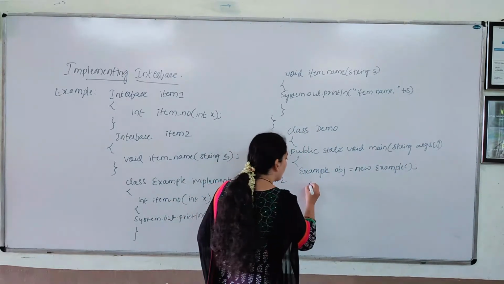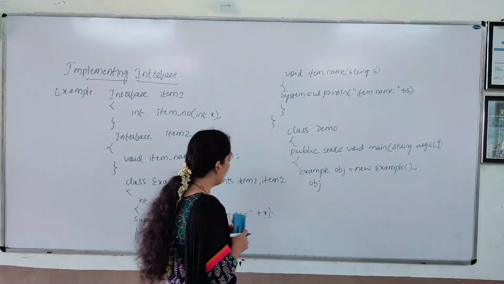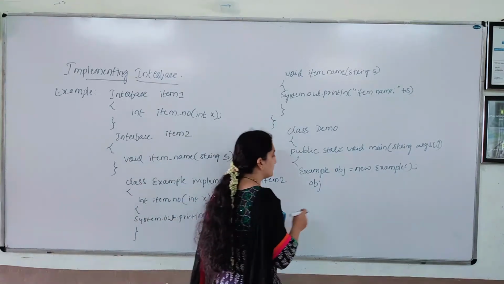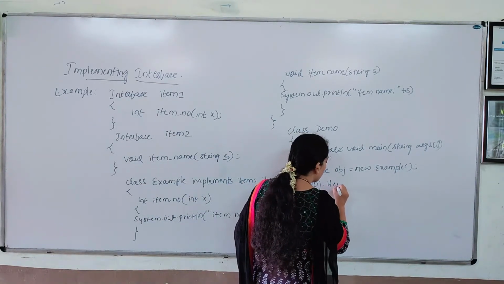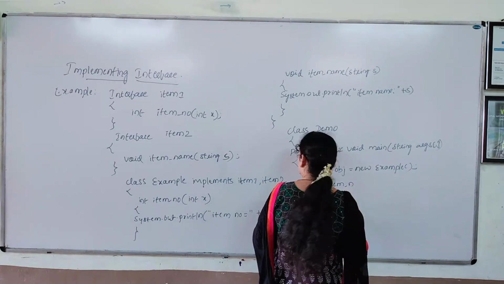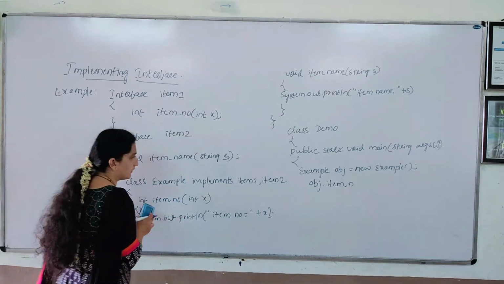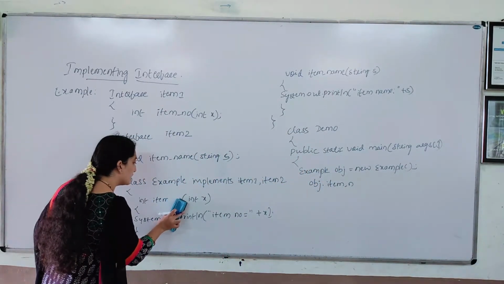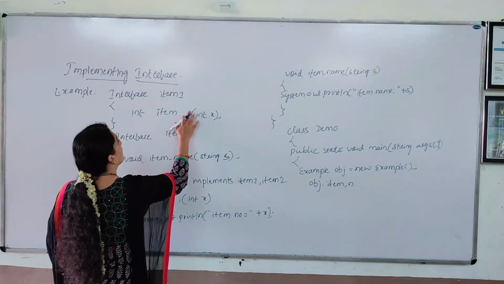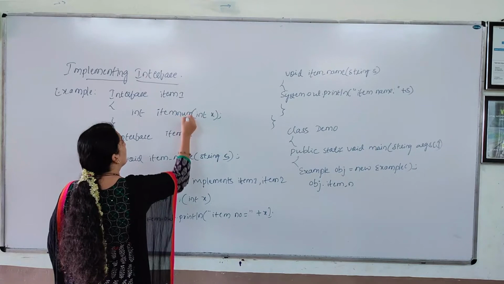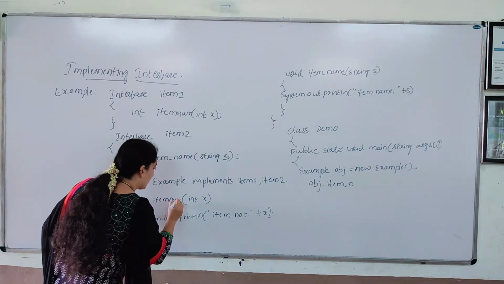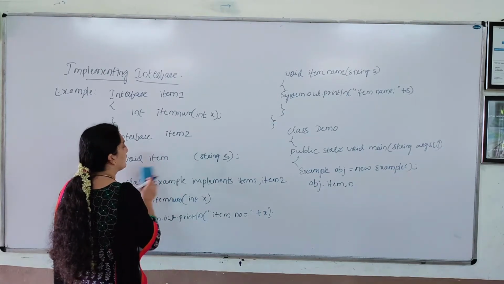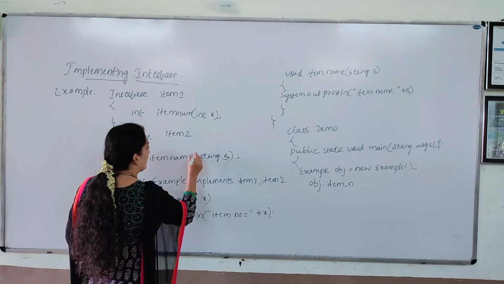Now by using the object, what I will do? I will call the methods item number and item name. Object dot item number, object dot item name.